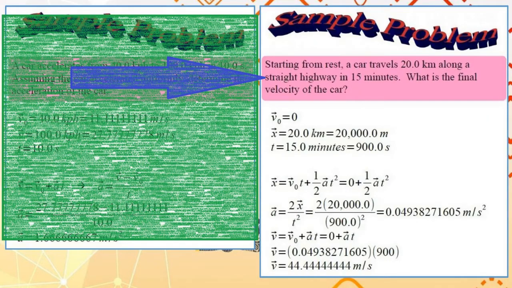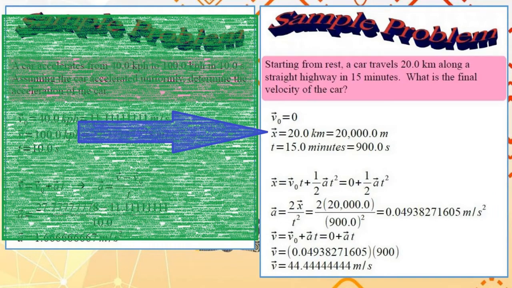Next, we have the following problem. Starting from rest, a car travels 20 kilometers along a straight highway in 15 minutes. What is the final velocity of the car? The object starts from rest. That means the initial velocity is 0.